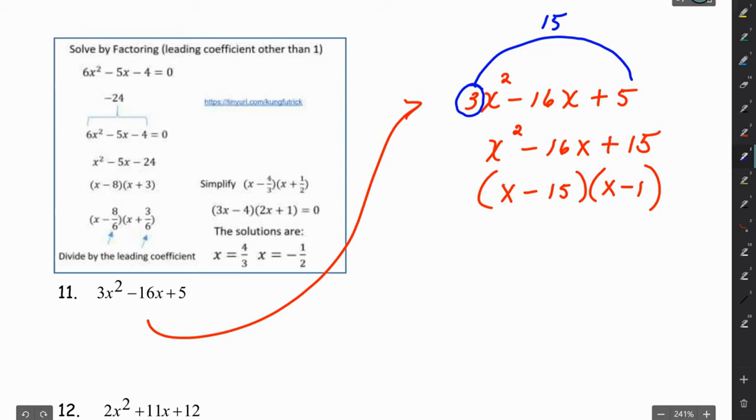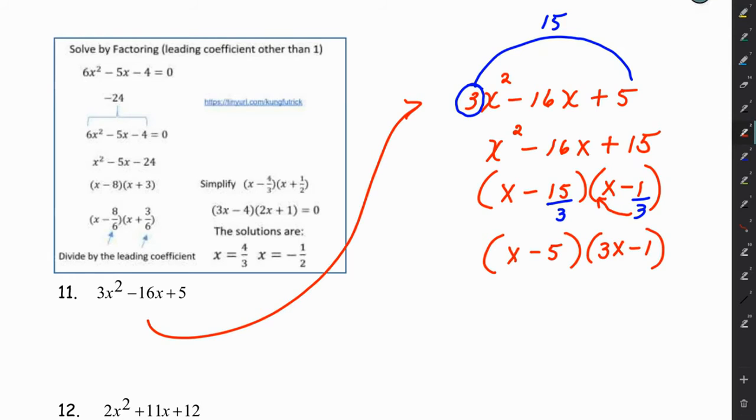So the original coefficient was 3. We're going to divide by 3. The next step we're going to do is simplify that. Now, 15 divided by 3 is 5. We can't simplify 1/3 any further, so we're simply going to bring that 3 in front. So our final answer is x minus 5 and 3x minus 1.